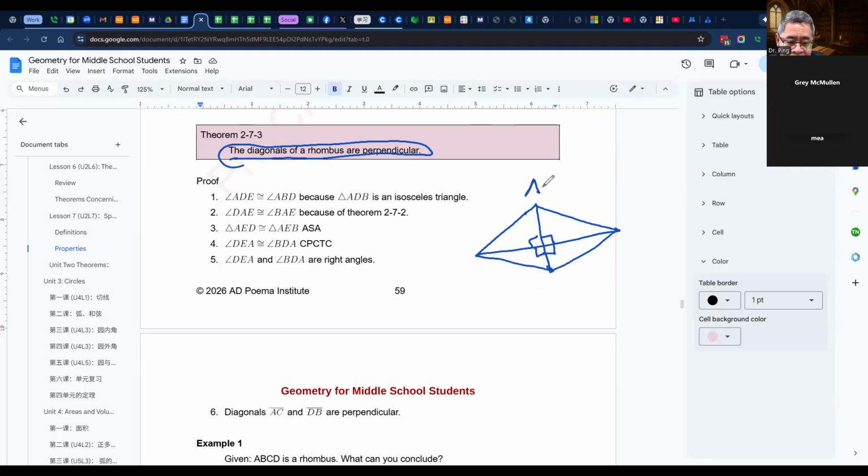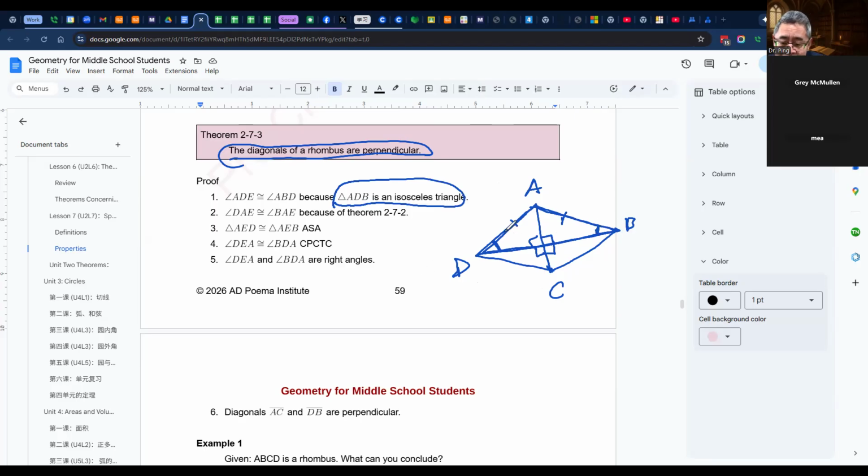Well, let's see, we got A, B, C, D. Well, remember what we did here. We know the top one is an isosceles triangle, like ADB. And so therefore, this angle is congruent to this angle.